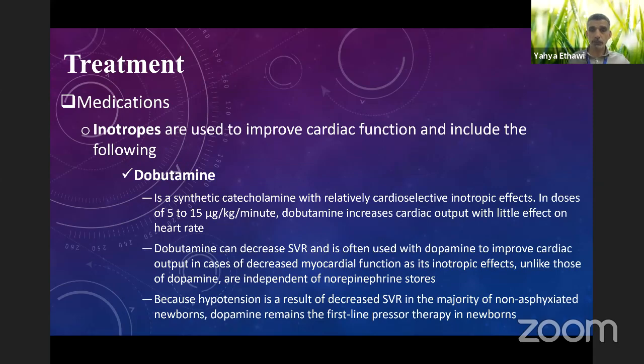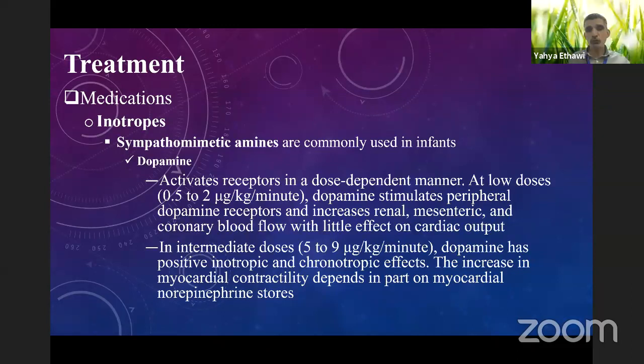Now remember, never use more than 10 mcg of dopamine without hemodynamic assessment, okay? Because you will not get benefit, but you will get more side effects. On low dose, you get your dopamine effect, and on higher dose, you get your inotropic effect. More than that, you won't get any benefit, but you get the side effects.